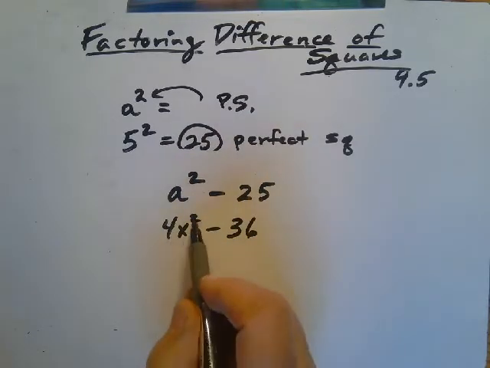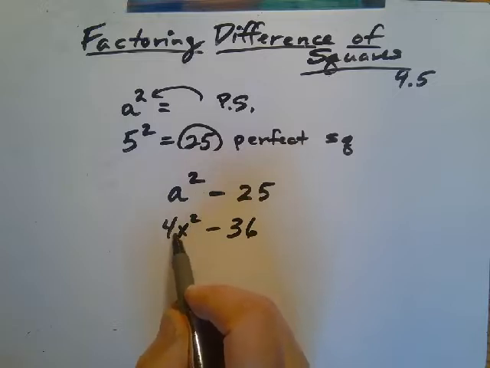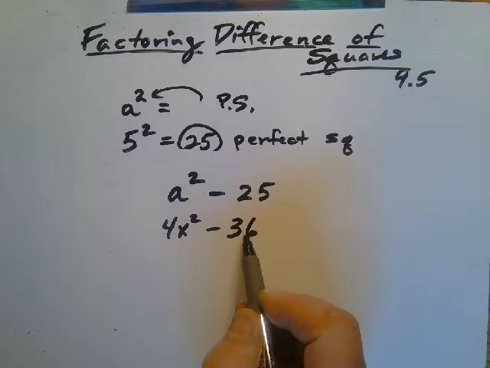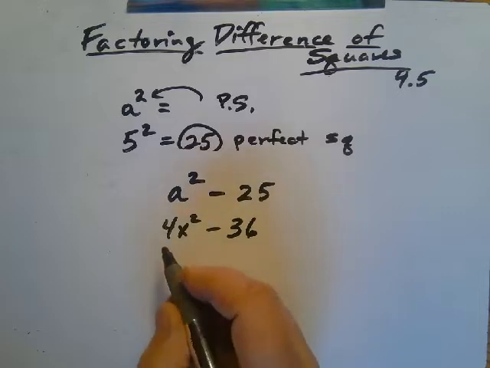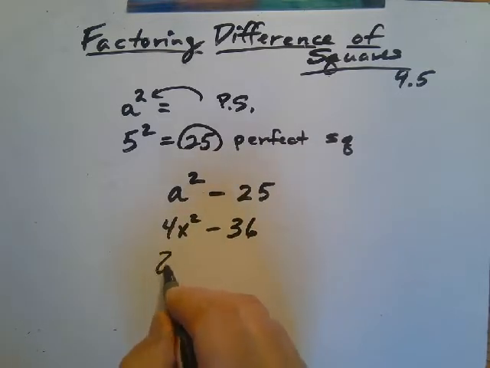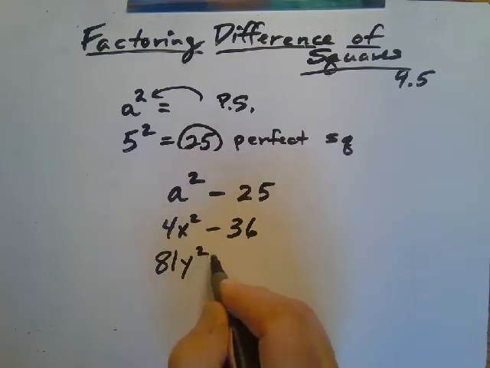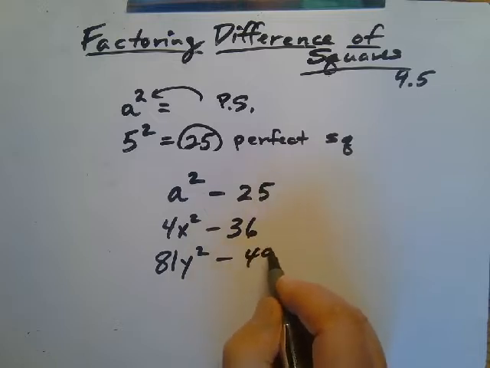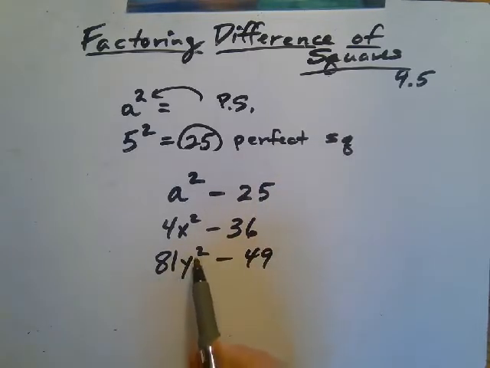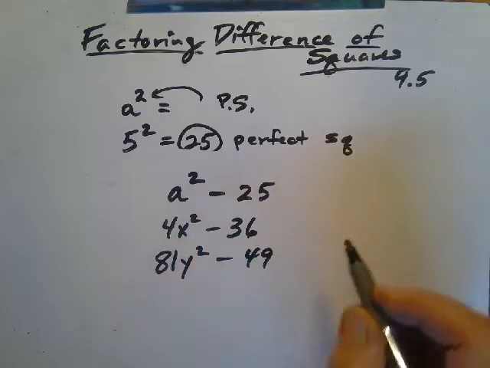Well, 4x squared is 2x times 2x, and 36 is 6 times 6, and it's the difference. Or how about 81y squared minus 49? Well, 81y squared is a perfect square because the square root of that would be 9y. 9y times 9y, right?